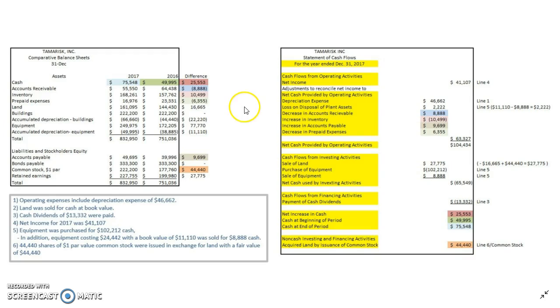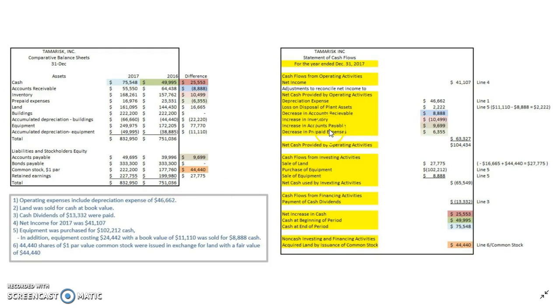To begin with, net income starts off the cash flow statement, and that's $41,107. We can find that information from line 4. Net income for 2017 was $41,107.